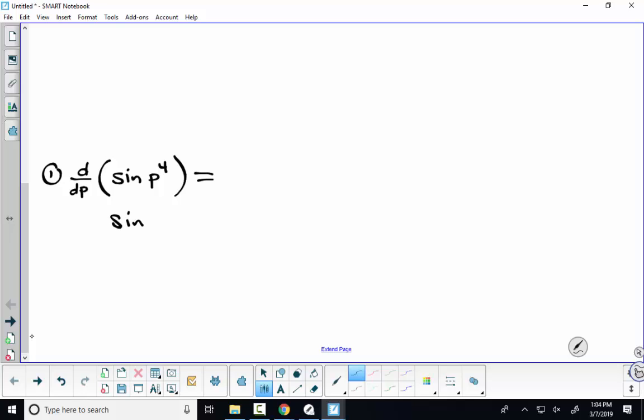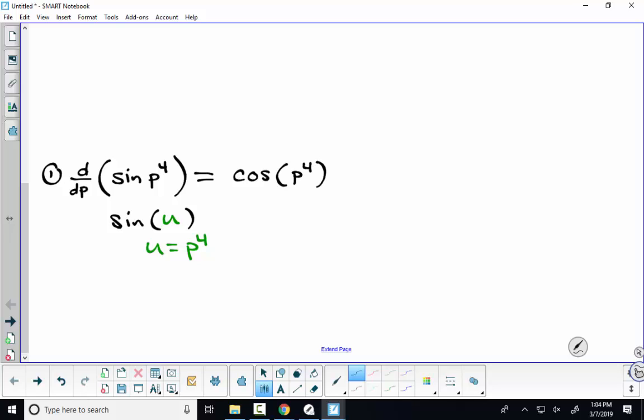This is like the sine of u, where u is equal to p to the fourth. So that's the composition. Sine is the outer, p to the fourth is the inner. So we take the derivative of the outer, derivative of sine is cosine, and we leave the inside alone.